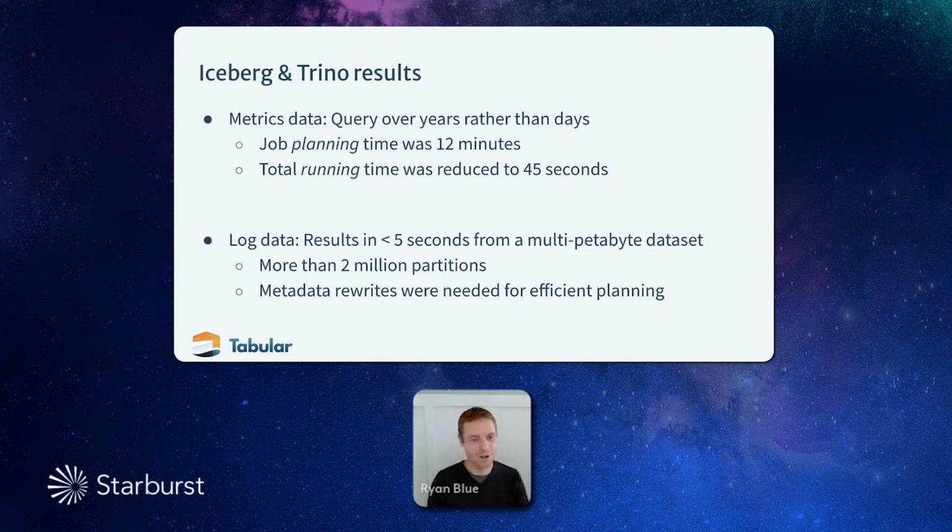This was running, I think, 10 parallel threads, trying to go list directories in S3. It was really terrible. And again, if planning time takes 12 minutes, it doesn't matter that you're running things in parallel, because that is the lower bound for your query runtime.